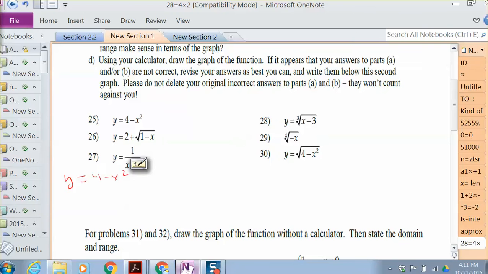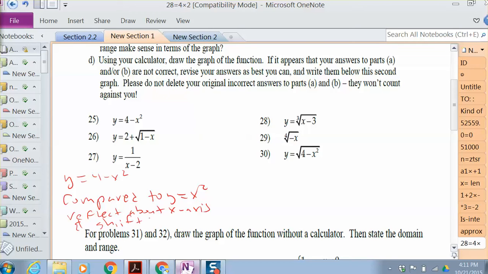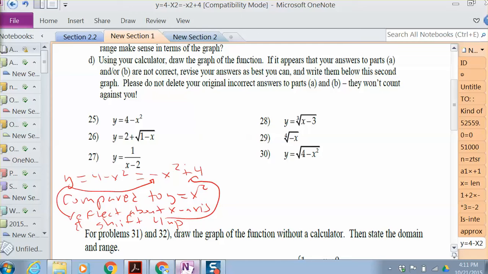So it's pretty clear compared to y equals x squared, we're going to reflect about the x-axis and shift 4 up. That's because the equation 4 minus x squared is no different than saying negative x squared plus 4. The negative causes the reflection, and the plus 4 on the outside causes the shift of 4 up.